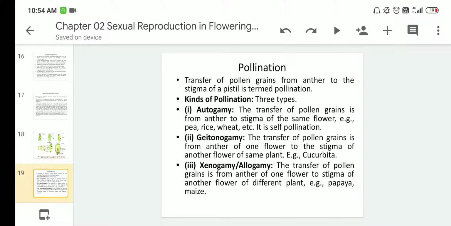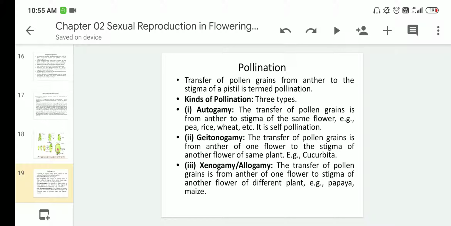In autogamy the transfer of pollen grains is from anther to stigma of the same flower, for example in pea and many more, where the maximum possibility is of the same pollen reaching the stigma of the same flower.